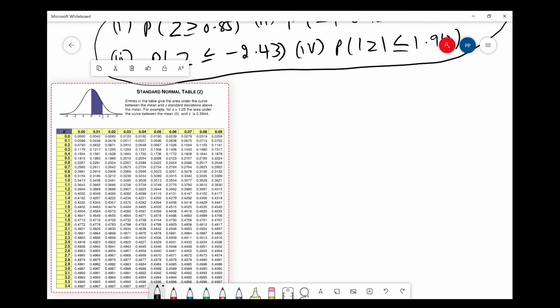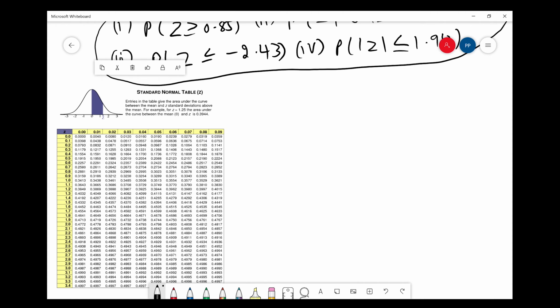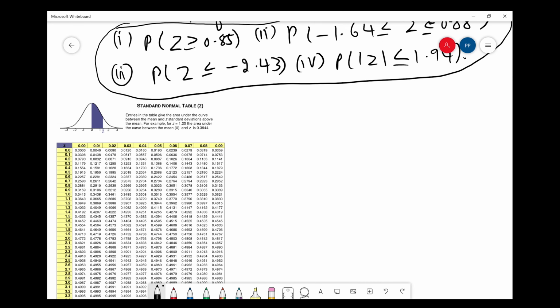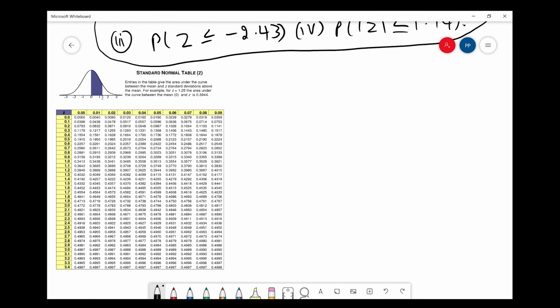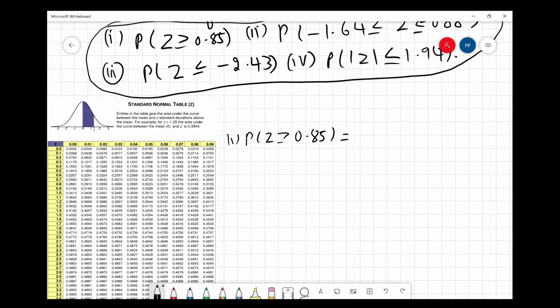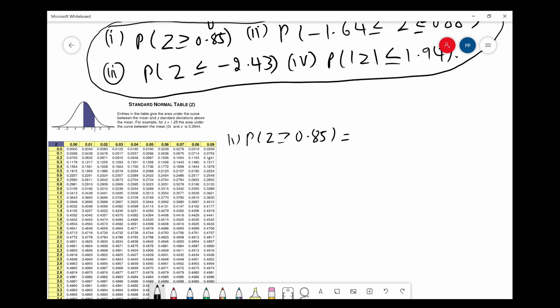Fine. Now, what is the first value to find? Number one, P of z greater than or equal to 0.85. I already told you that whenever z is greater than or equal to 0.85, it means the probability from that value, 0.85 less than or equal to z less than infinity.